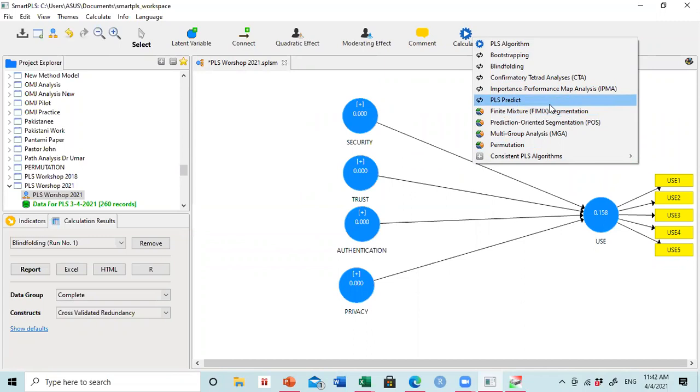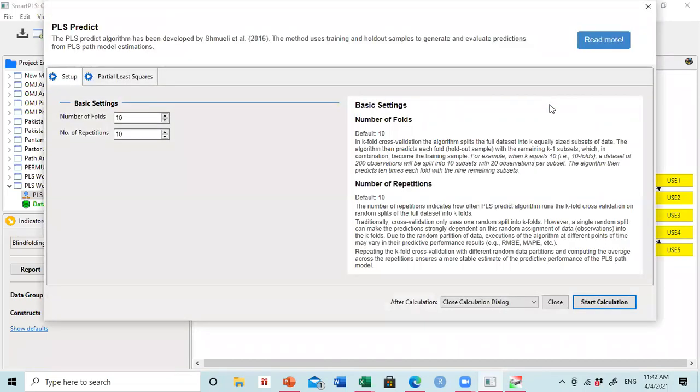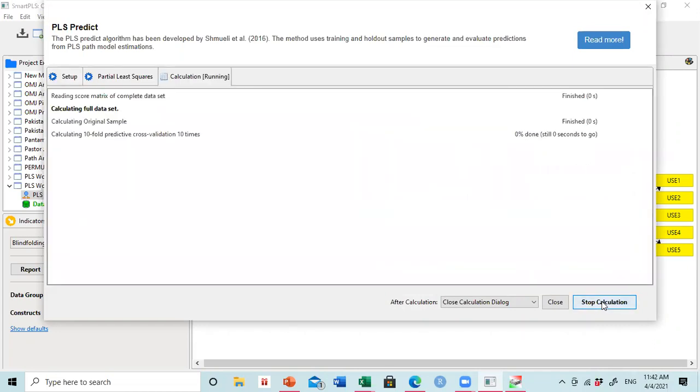Just click, click, click, simple as that. Now by default, leave the basic setting as K10: number of folds is 10 and number of repetitions is 10. Don't change anything. Then you start calculation.